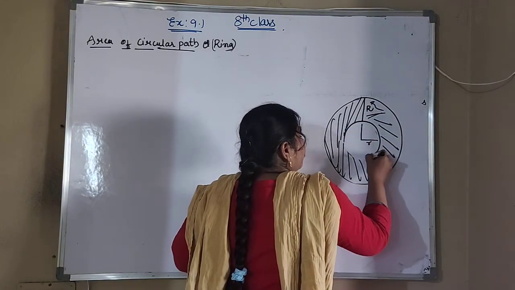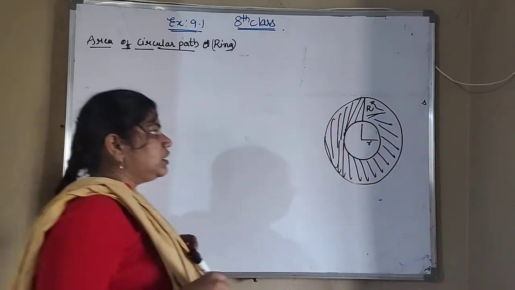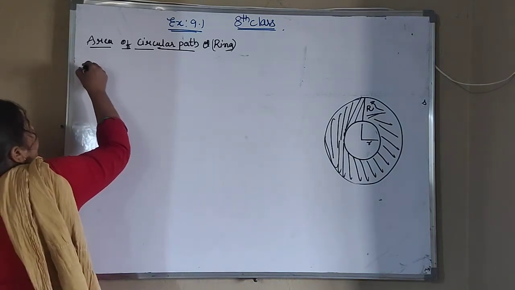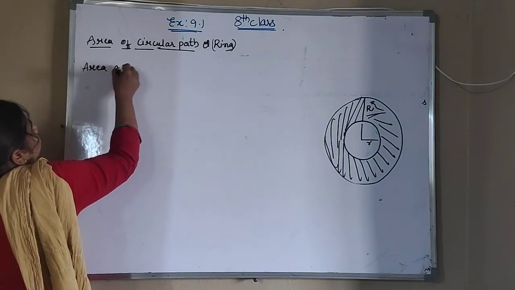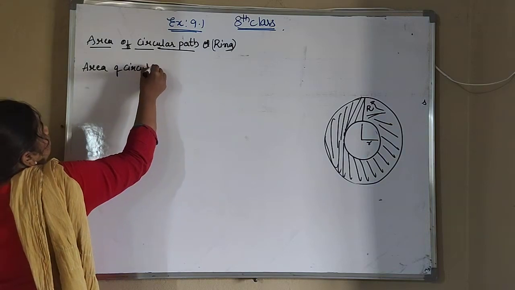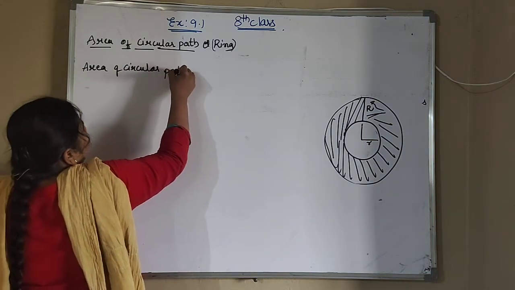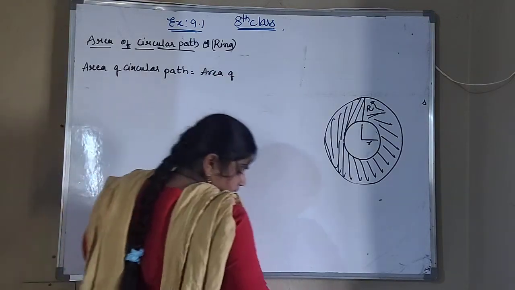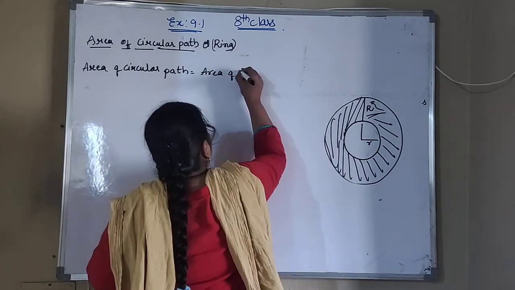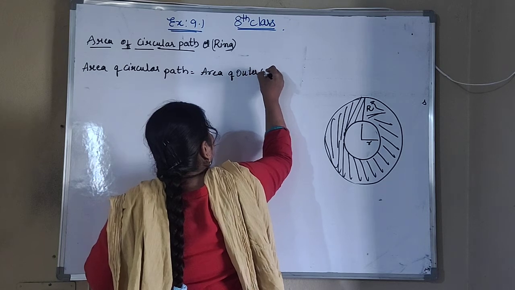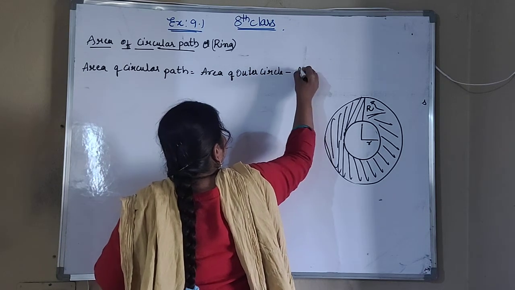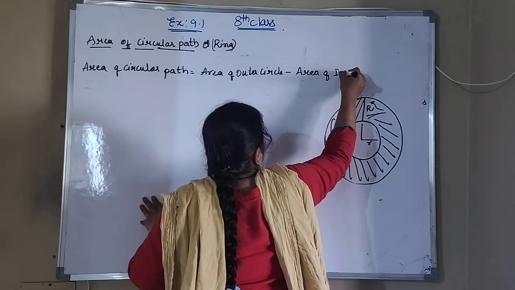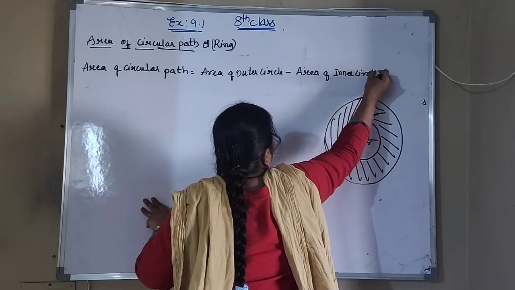So what do we have to do now? From the outer circle we have to subtract the area of the inner circle. So area of circular path equals area of outer circle minus area of inner circle.